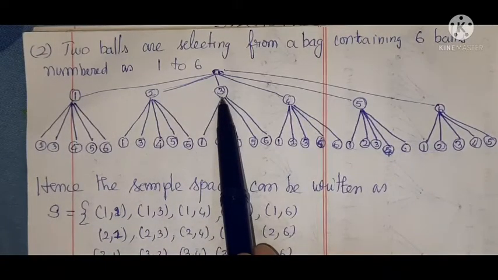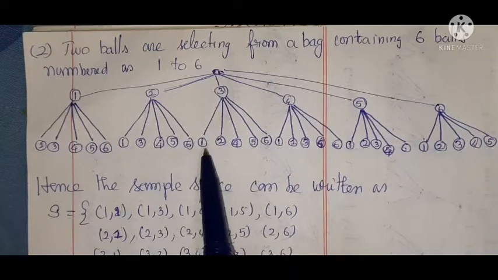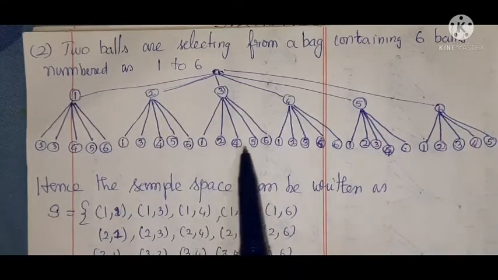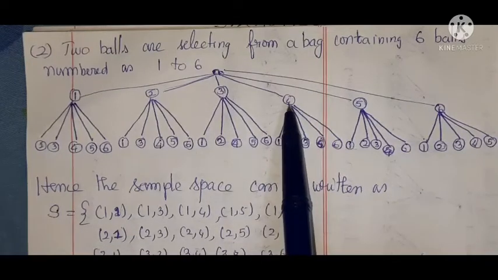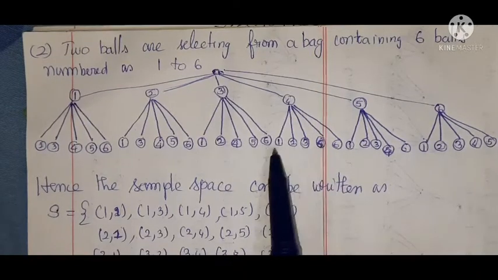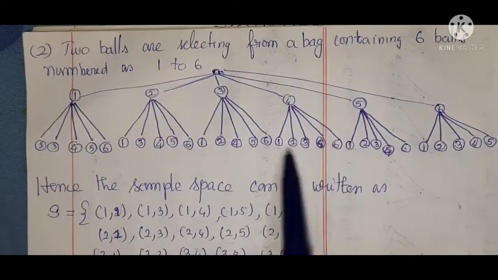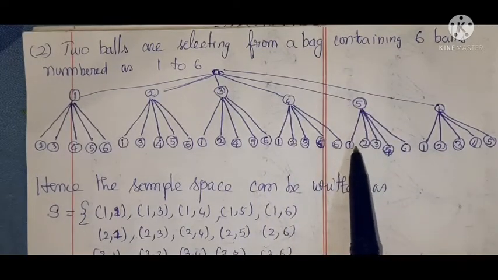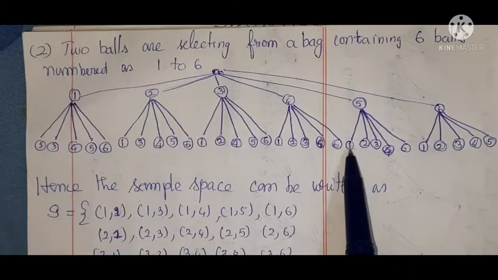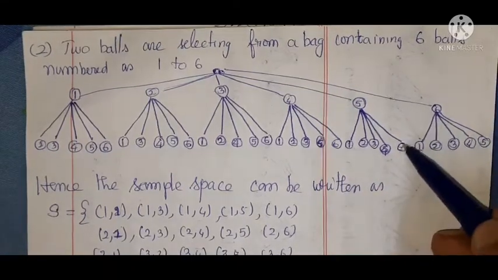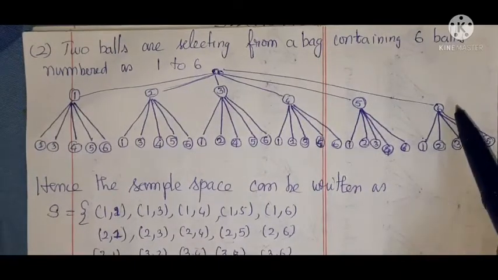The first ball is 3. The second ball will be any one of the 5 numbers 1, 2, 4, 5, 6. The first ball is 4. The second ball may be any one of the 5 numbers 1, 2, 3, 5, 6. The first ball is 5. The second ball may be any one of the numbers 1, 2, 3, 4, 6. The first ball is 6.